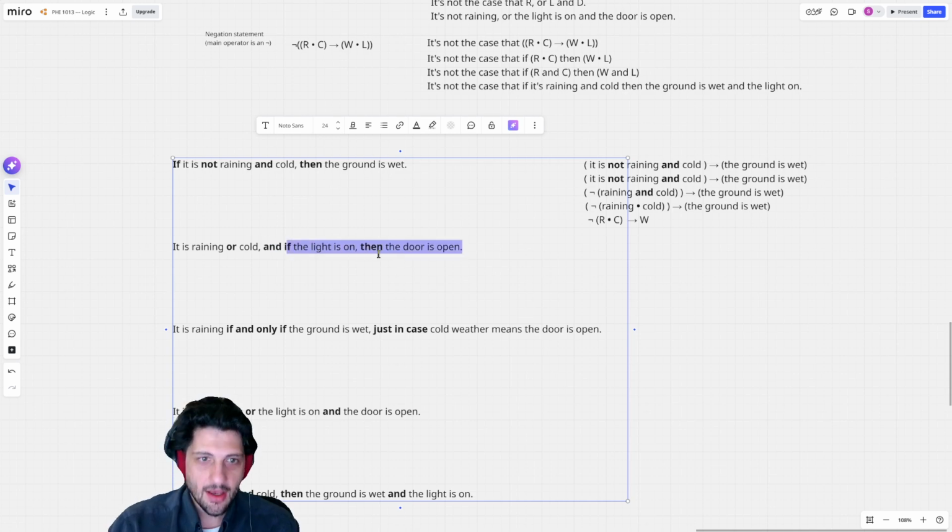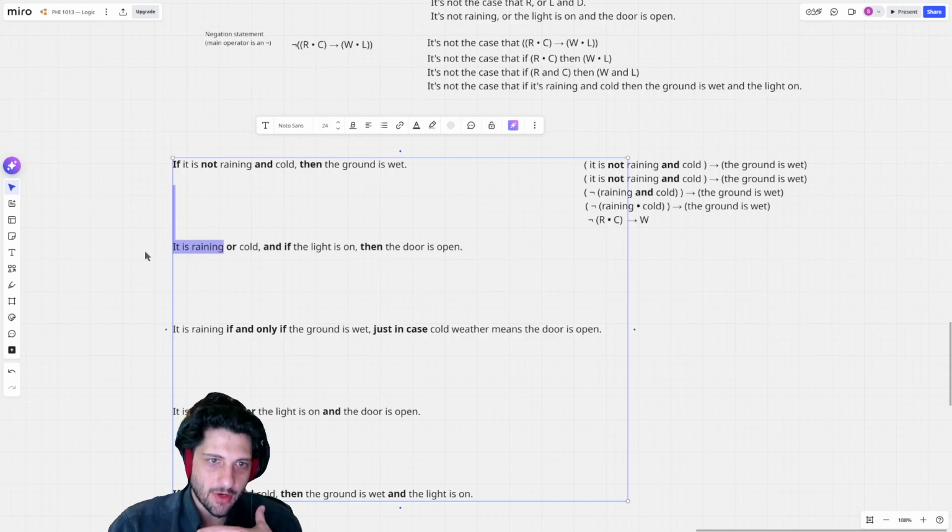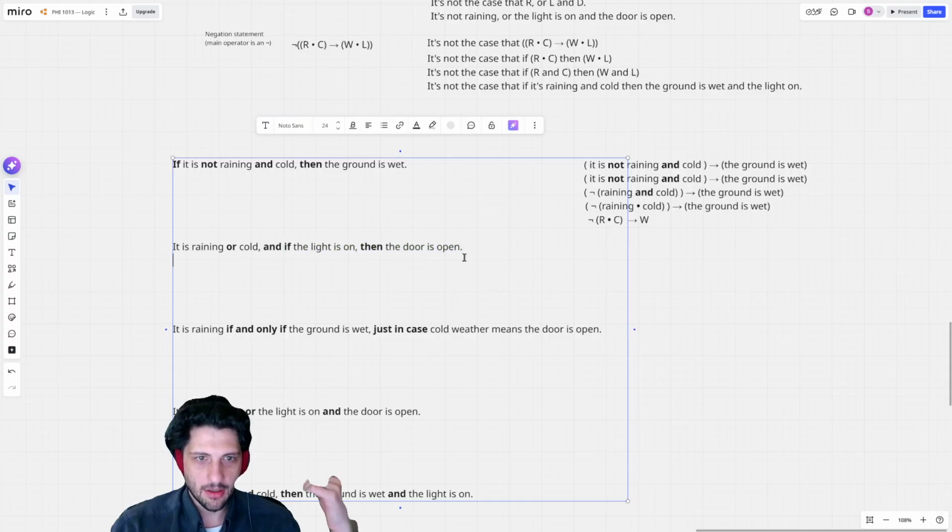Is it that we're saying either it's raining or it's cold, and if the lights are on, then the door is open? That's one choice, the or could be our main operator. Or we might think the if-then is the main operator. But that's already kind of a non-starter, because it's saying if the light is on, then the door is open. It's clearly not even talking about rain or cold.